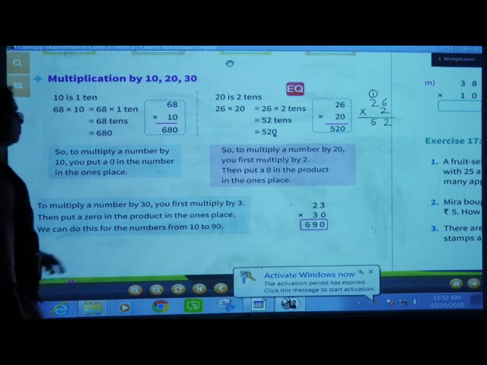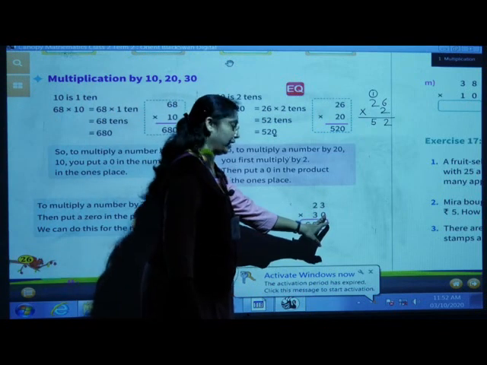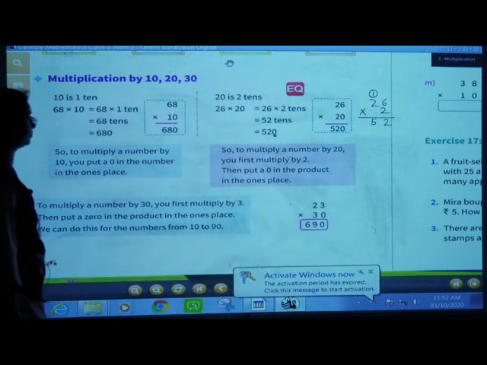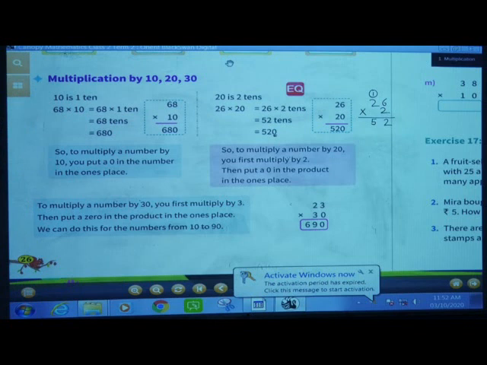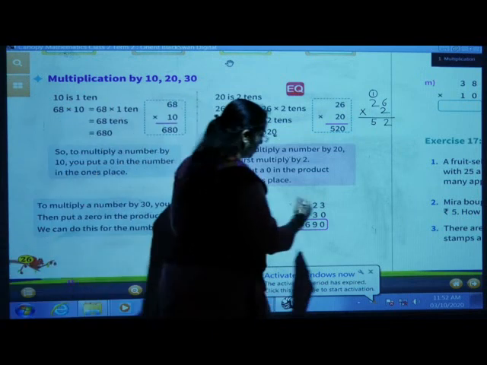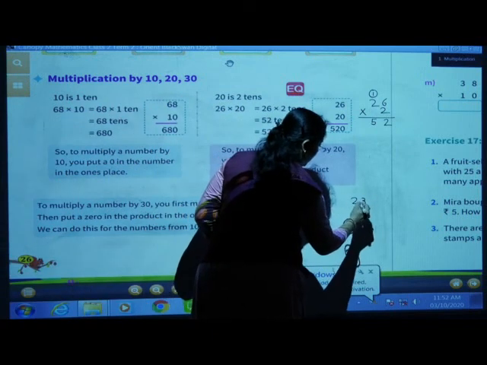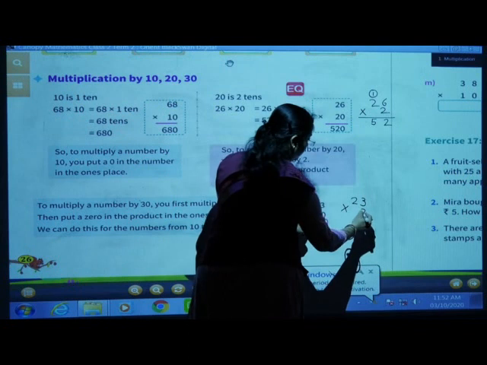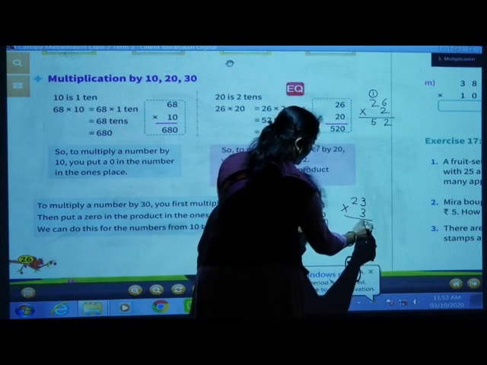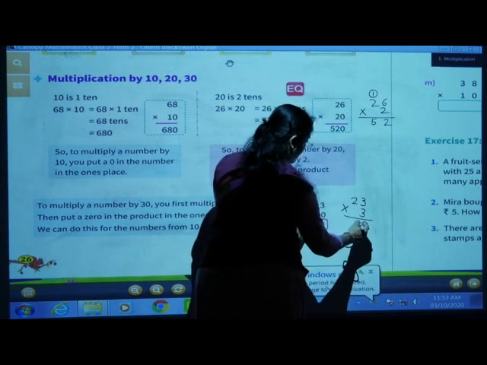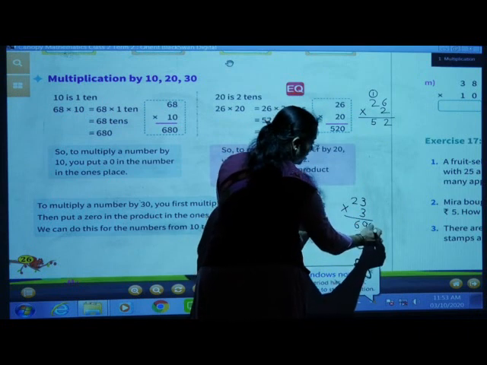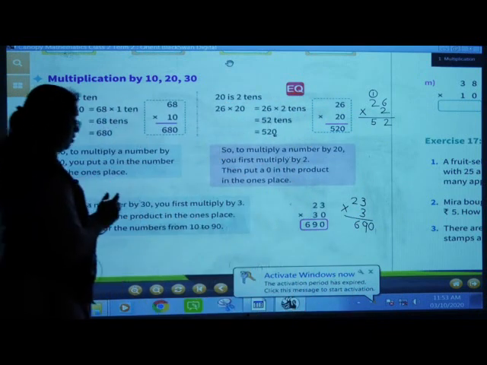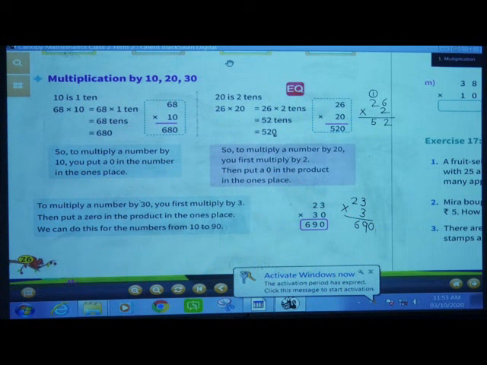Now, 23 multiplied by 30. 30 means what? 30 means 3 tens. First we have to multiply 23 by 3. 3 3s are 9. 3 2s are 6. And put a 0 in the product in the ones place.